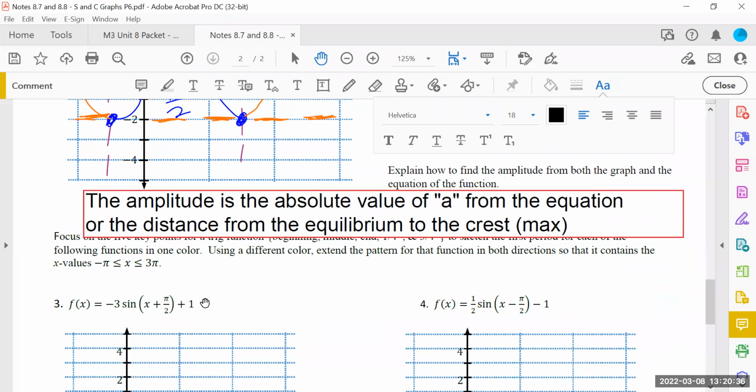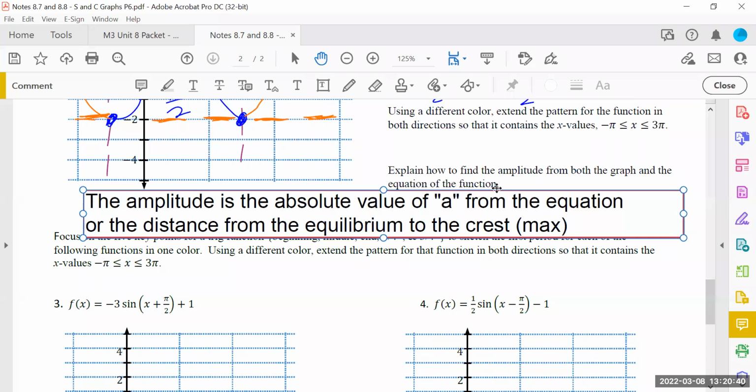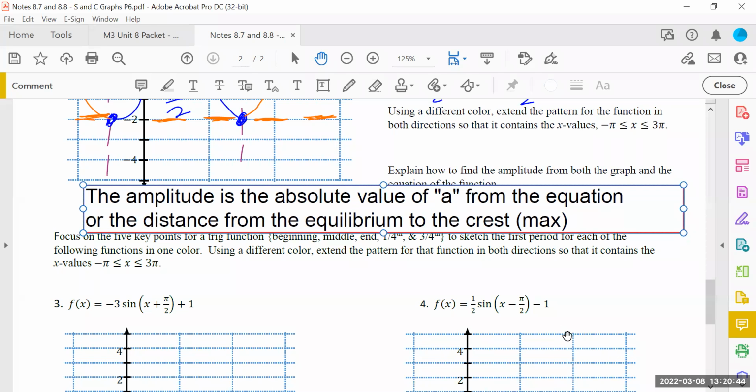Let me put this up higher for you guys to be able to see it. And that works for any of these, sine, cosine, any of them. That's how you find the amplitude. It's always positive. It's the absolute value of A from the equation, or the distance from equilibrium to the crest or the max. Does that make sense to everybody?